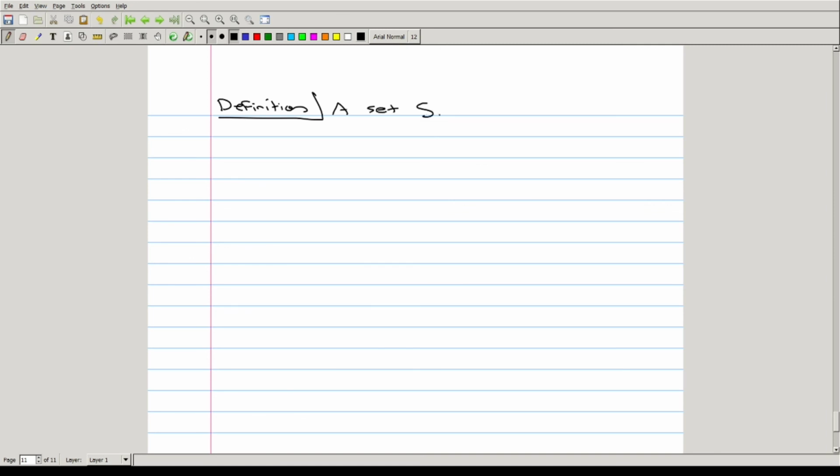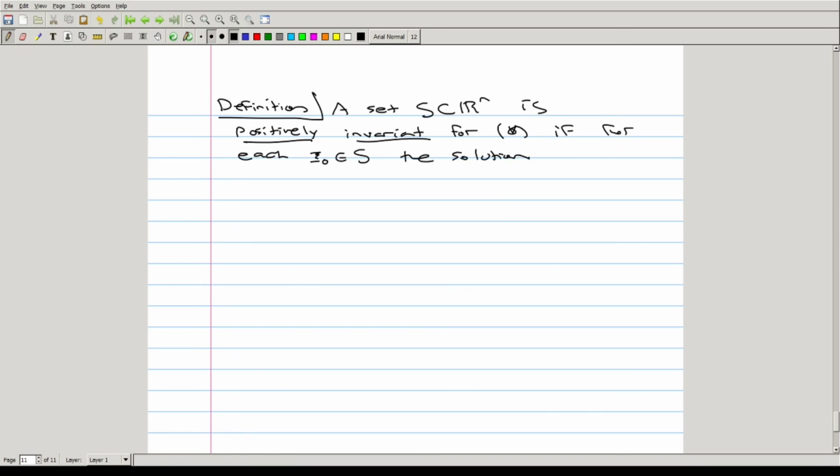The set S in Rn is said to be positively invariant for differential equation star if for each initial condition in S, the solution xi of t, starting with the initial condition xi naught, is also in S for t in some set, 0 to omega.